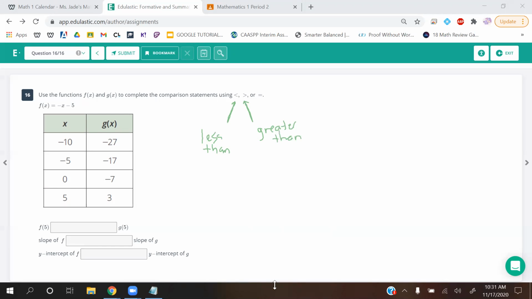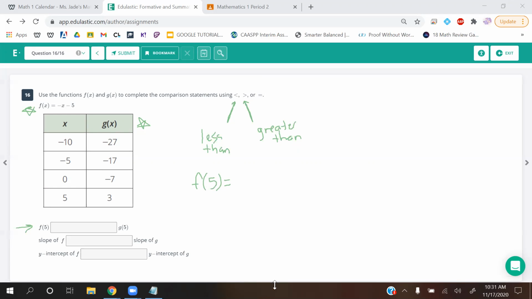If you don't remember it, that's something you should write down so that you can remember it for later on. So here's f of x. I know it's very tiny, it's hard to see. And this one's g of x. On the first comparison statement, we're comparing f of 5 and g of 5. Let's figure out what f of 5 is.